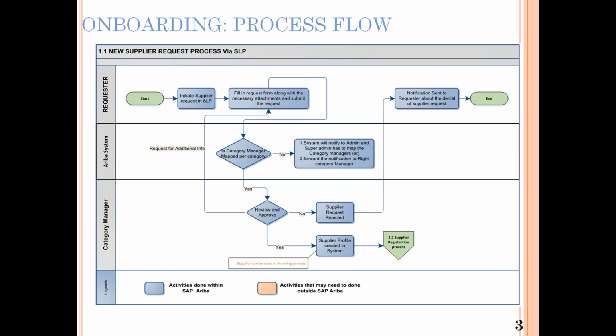Then the supplier will respond to those questionnaires, then it will come to us and be sent for approval. From the requester it will be sent, then come back to the Ariba system, and there will be a category manager responsible for the approval. If yes, then what will happen? If no, then what will happen? That is what I just wanted to show you here. In detail we will be discussing more on this.